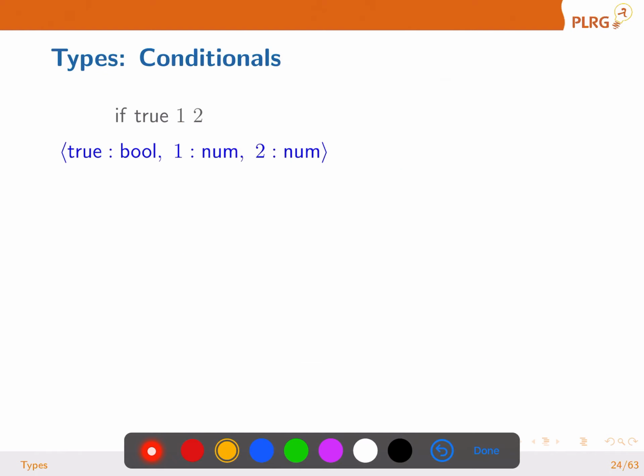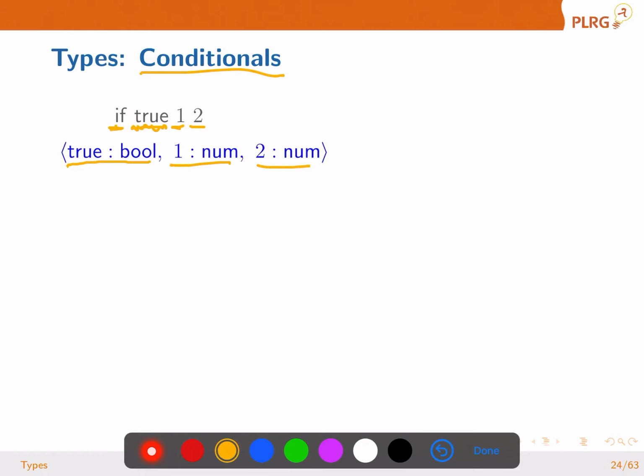Let's try more examples. Conditionals. When we have this if expression, it has three sub-expressions: E1, E2, E3. E1 happens to be a value whose type is bool. 1 and 2 are num.